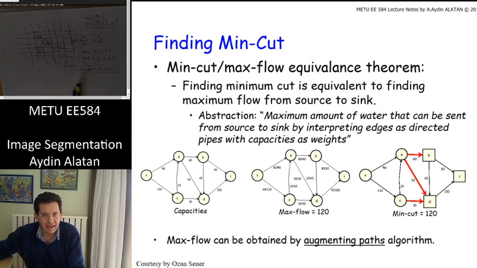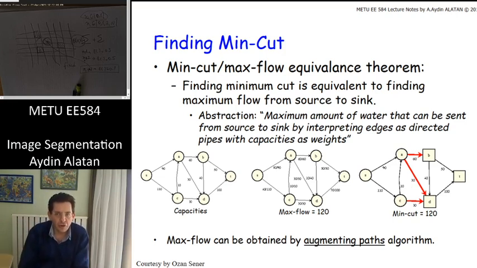And what we are saying is this. At some point, the pipe capacities with the smaller amount will basically control the amount of water flowing from one side to the other side. Okay? Now, if you look at here, for example, this part, 60, 30, 30, sum is 120.